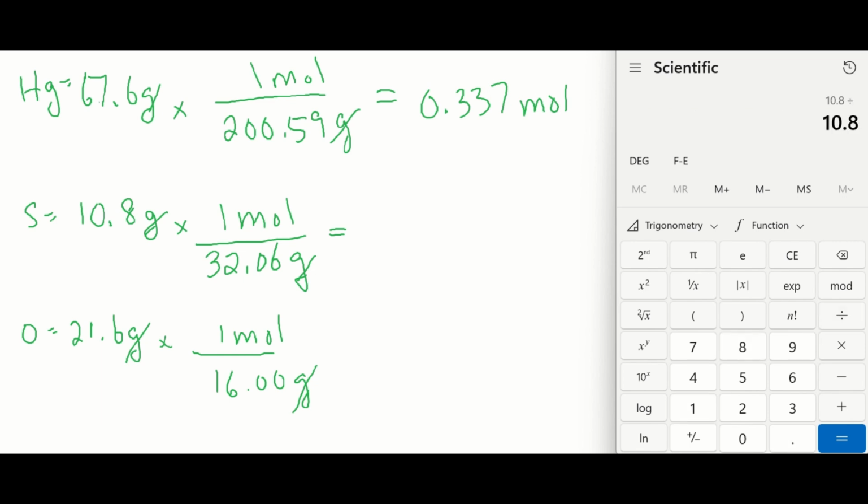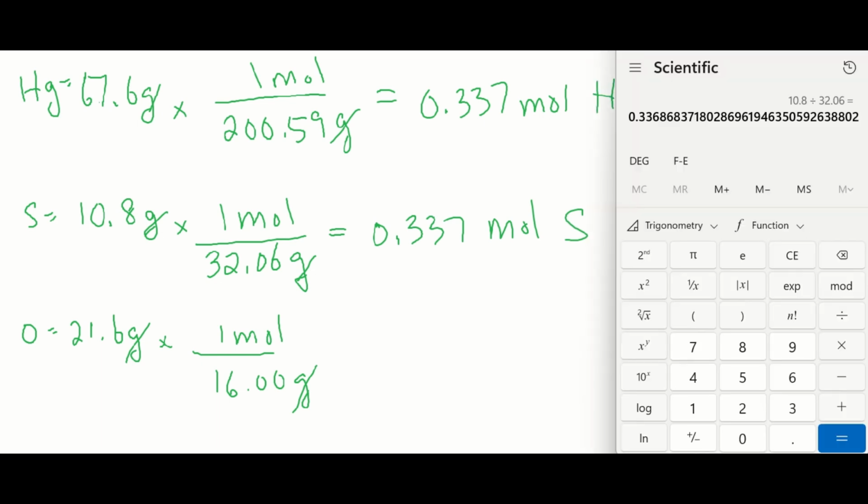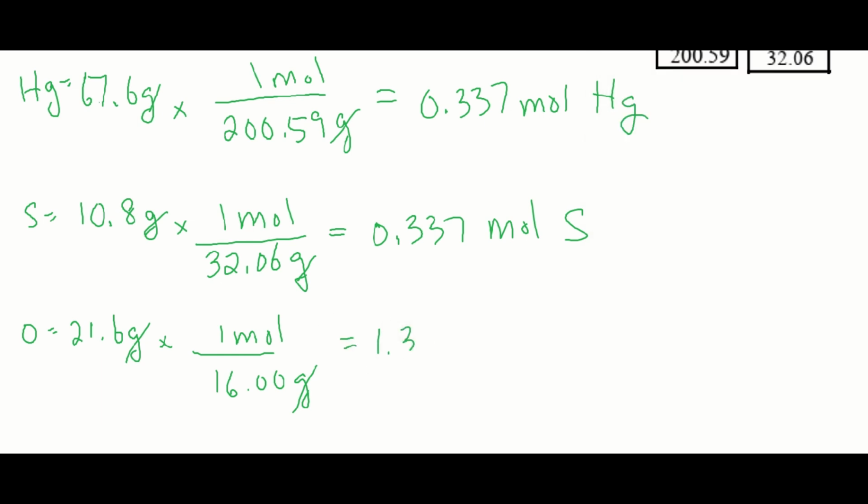If we had 10.8 grams of sulfur, then we would have 0.337 moles. I'm sorry, did I say mercury? I meant sulfur. And then if we had 21.6 grams of oxygen, we would have 1.35 moles of oxygen.